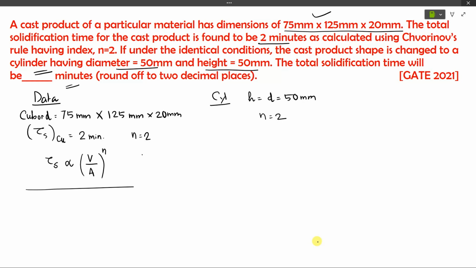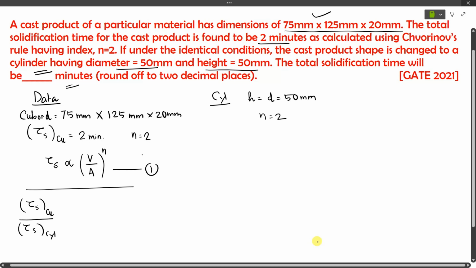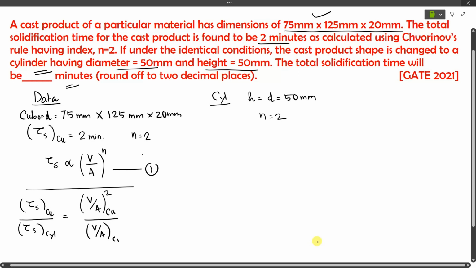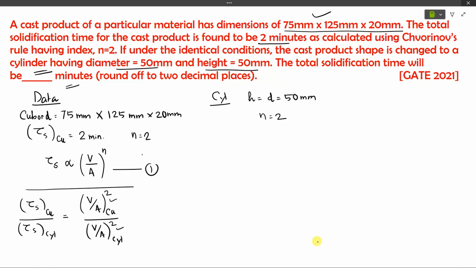Now by using this particular equation, let's say this equation to be 1, we can write that solidification time for cuboid by solidification time for cylinder will be equal to volume by total surface area of heat dissipation for cuboid whole square, by volume by total surface area of heat dissipation for cylinder whole square. Now we'll first calculate these two individually and put the values in this equation.